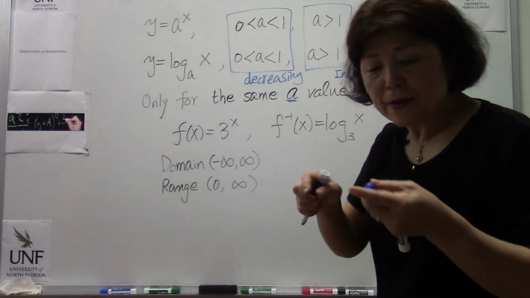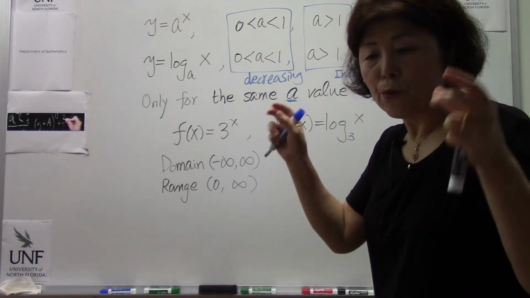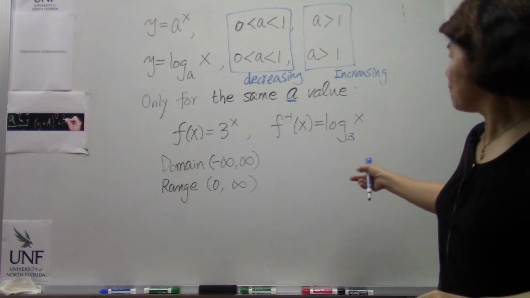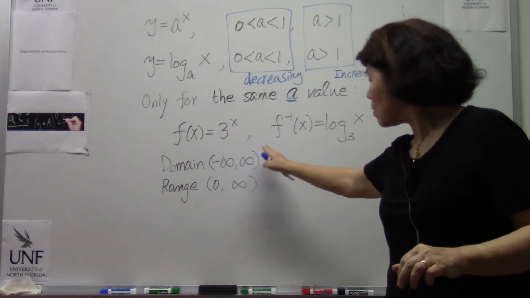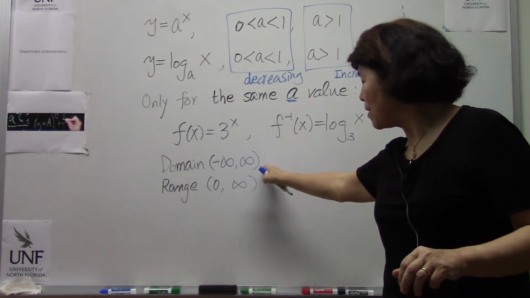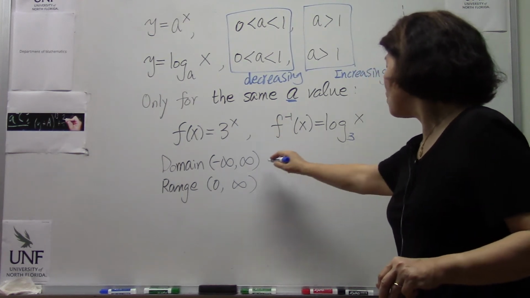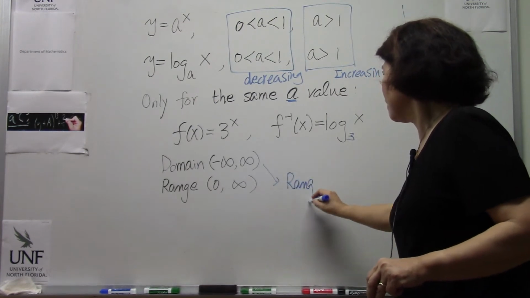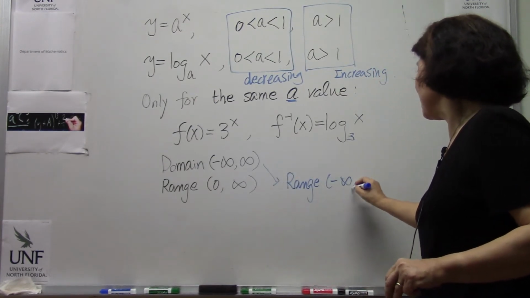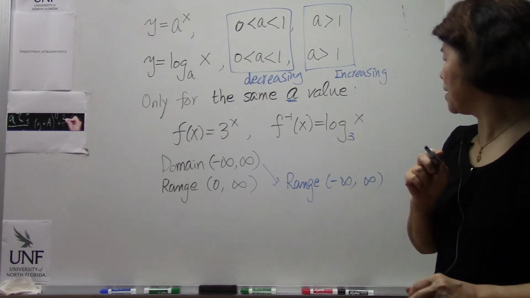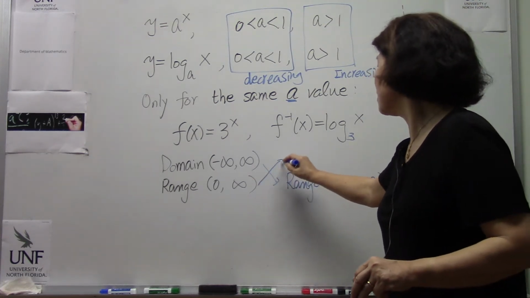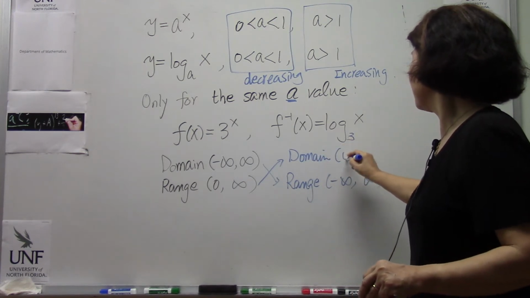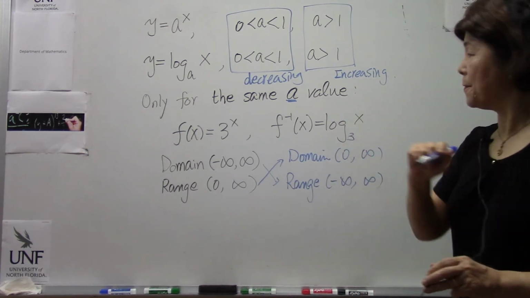When we found the inverse function, we switched the x and y variables. Therefore the domain goes to range: negative infinity to positive infinity, and the range becomes the domain, from 0 to infinity.